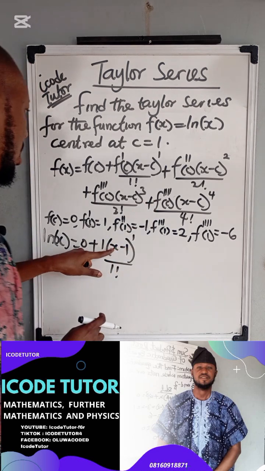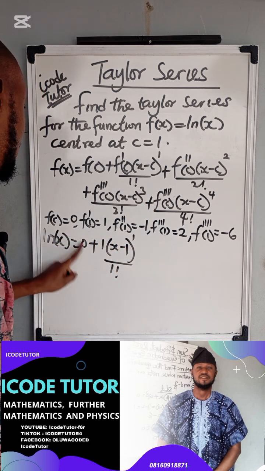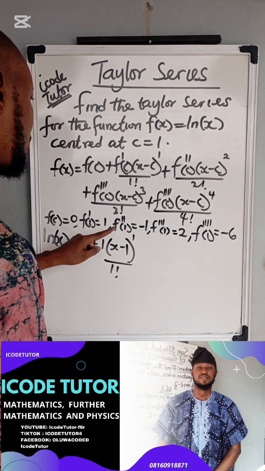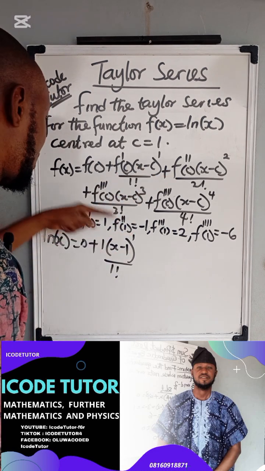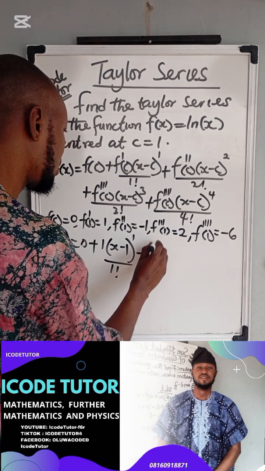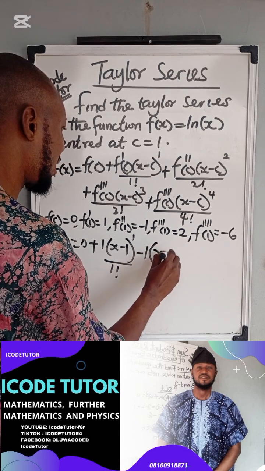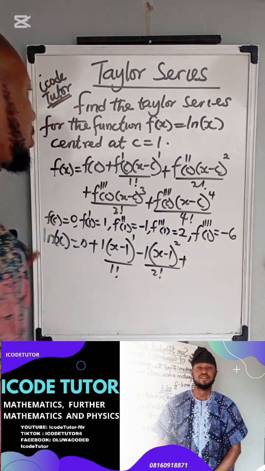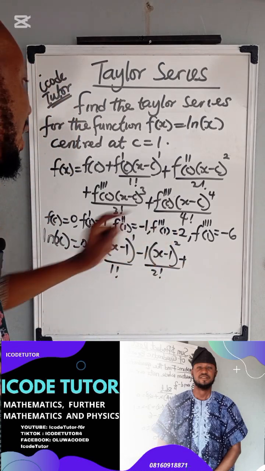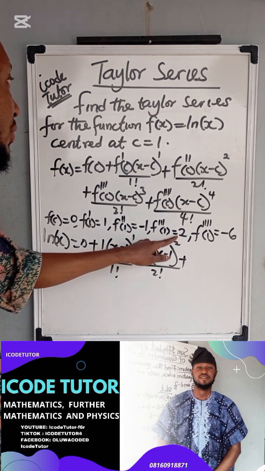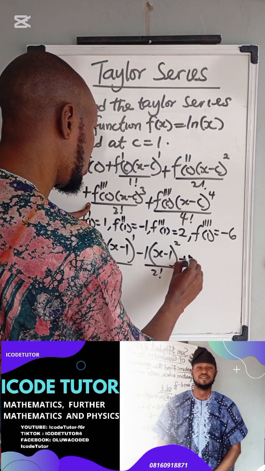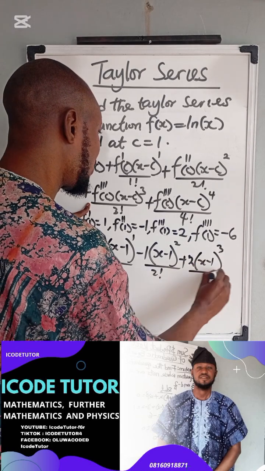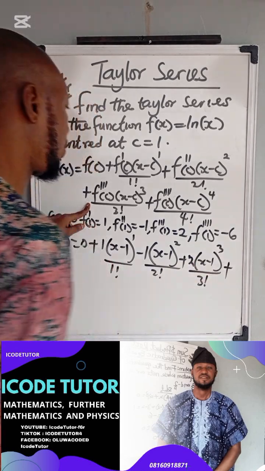Now for the second derivative, f double prime of c is minus 1, so this one is minus 1 into x minus 1 raised to power 2 divided by 2 factorial plus, now for the third derivative, we have 2. So this one will be 2 into x minus 1 raised to power 3 divided by 3 factorial plus.